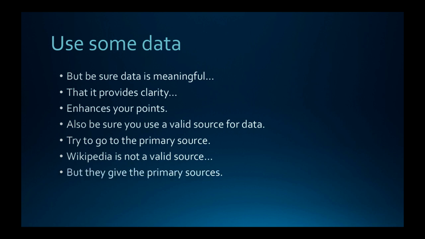But one thing I will say about Wikipedia is that they often give primary sources, and so sometimes you might go to Wikipedia just to get the lay of the land and see what you can learn. But again, look at the sources they're using, figure out what primary sources might exist, and then go to those sources.